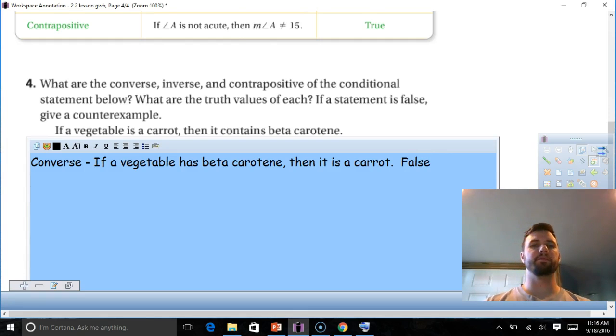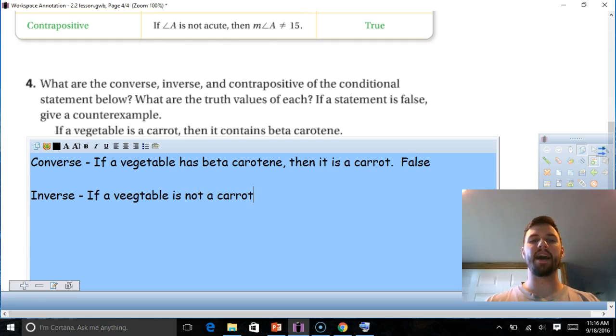Let's do our inverse. Remember, inverse is if not P, then not Q. Squiggle P, then squiggle Q. So we take our statement: if a vegetable is not a carrot, then it does not have beta-carotene.